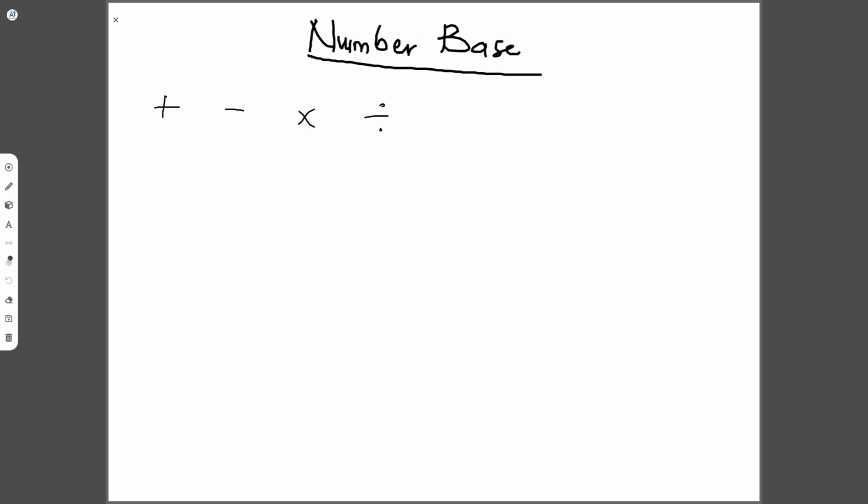Our teachers taught us that when we have 12 minus 7, if you are to evaluate this expression, you have to borrow 1 from this. This will be left as 0, and this will change to 12. How is that possible? That is where we bring in the topic number base.